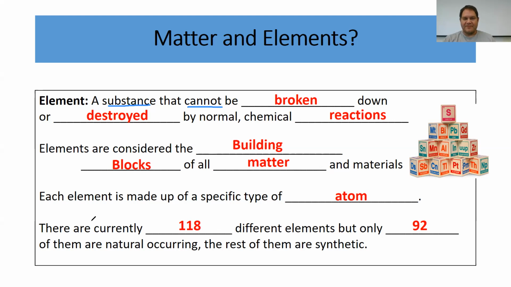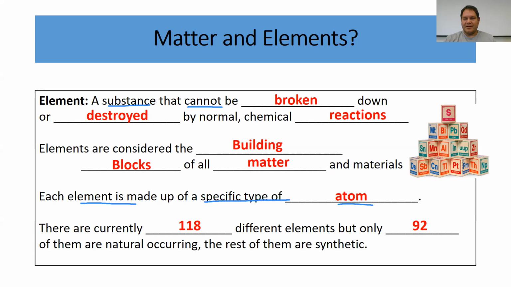Now, each element is essentially made up of a specific type of atom. We'll explore atoms in more detail a little bit later on, but elements are essentially made up of atoms, okay? Now, there are currently 118 different elements, and most of them are naturally occurring, 92 of them to be exact, that we would find not only on planet Earth, but throughout the universe.